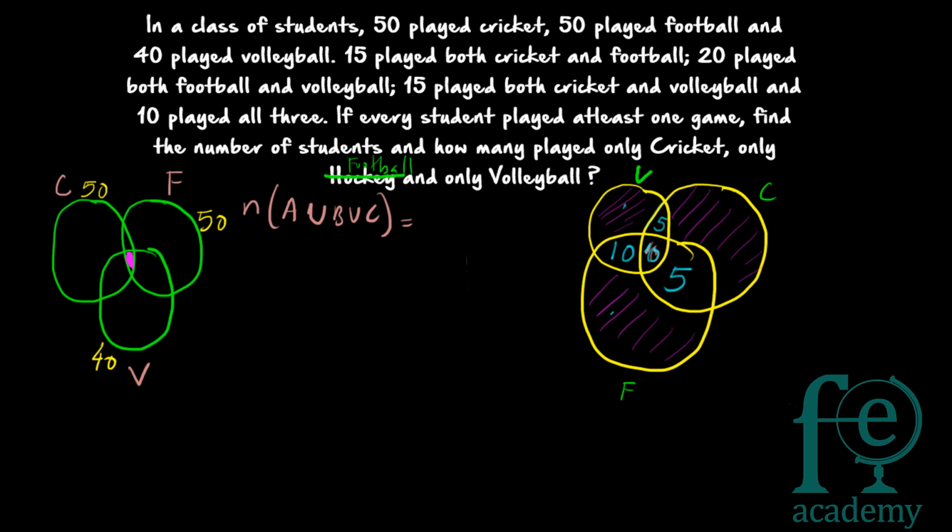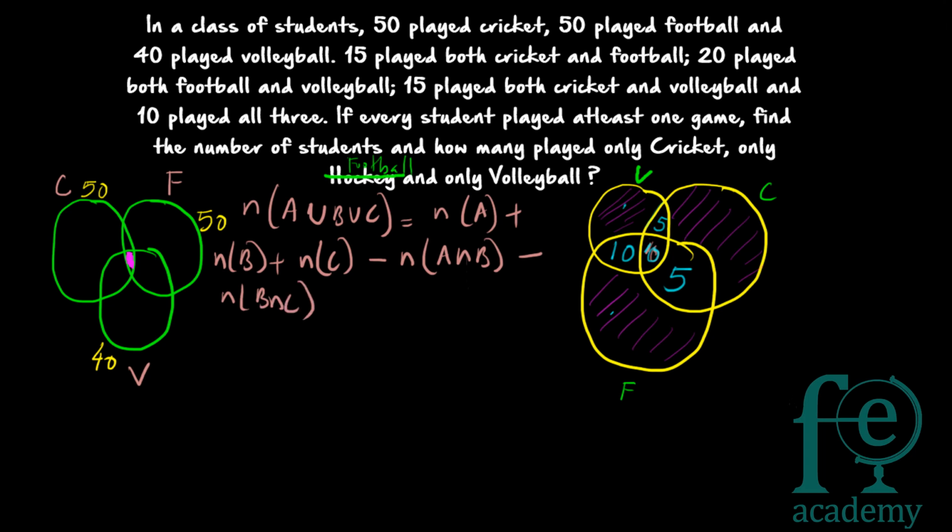The total of A union B union C will be equal to the number of students participating in A plus the number in B plus the number in C, minus N of A intersection B, minus N of B intersection C. You are taking two at a time. Minus N of A intersection C, plus N of A intersection B intersection C, the people who are participating in all three events.